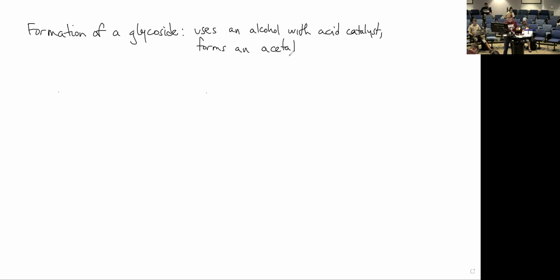So if, for example, we were to take, let's just go nuts and make up some weird sugar. Let's make this OH axial. Let's make this OH axial, and we'll leave everything else equatorial.